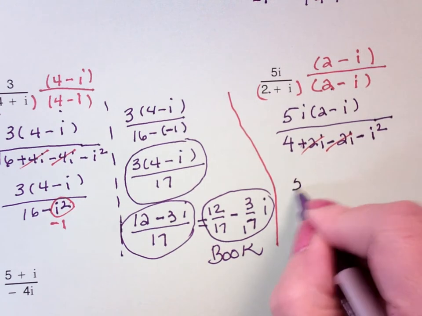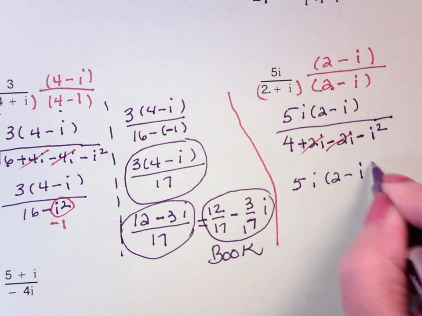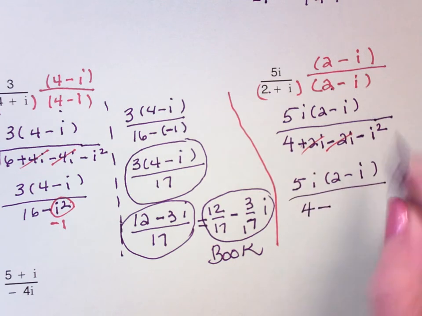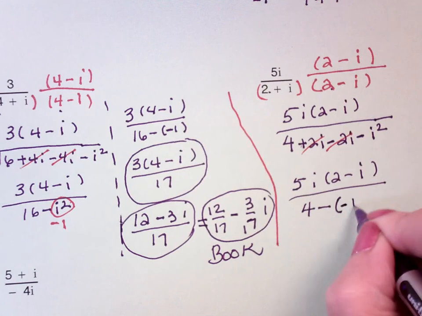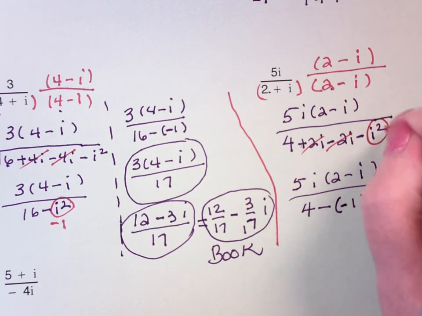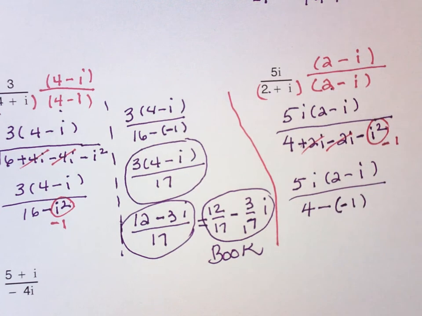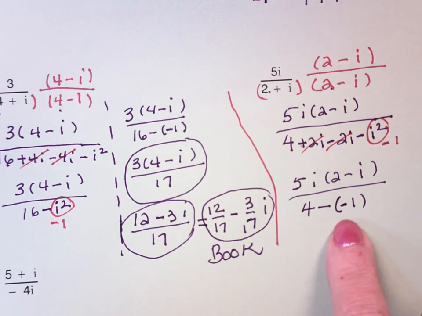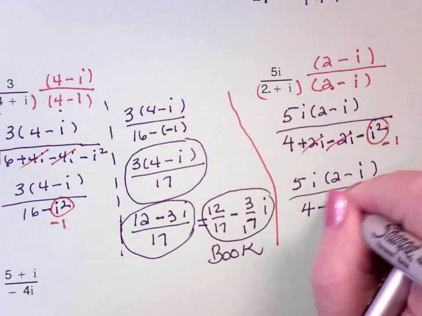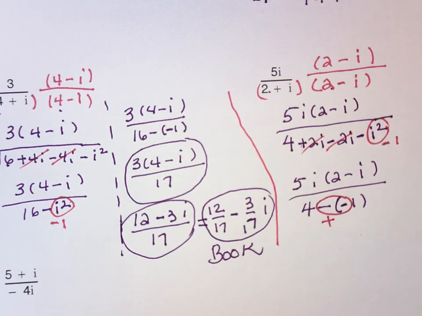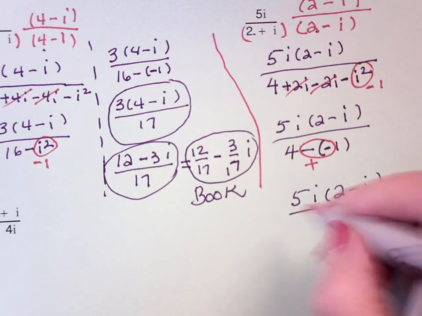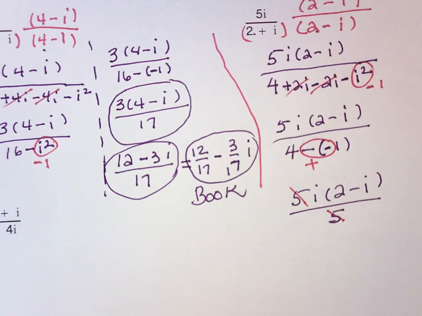So I'll have 5i times 2 minus i over 4 minus i squared, which we know is negative 1. So this i squared is negative 1. It's not a subtract 1 because it becomes a minus minus 1, so now I make that a plus. This would be 5i times 2 minus i over 5. The 5's reduce out. So I have i times 2 minus i.